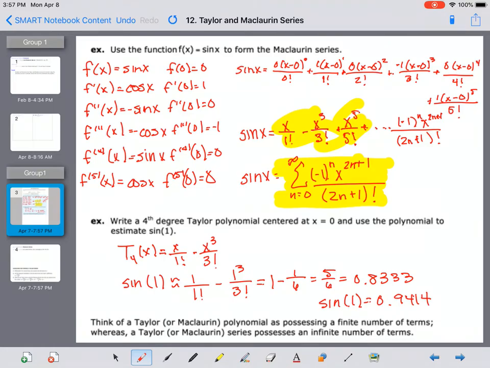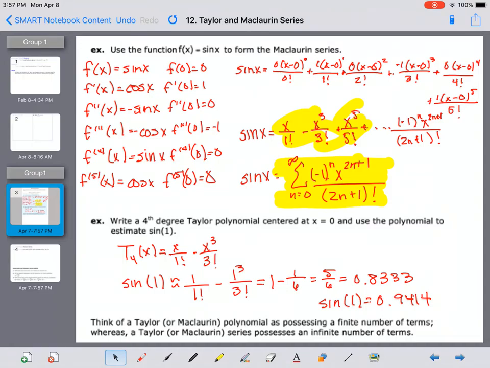If we add another term, so let's say we went up to the 5th degree Taylor polynomial, we'd actually get a value closer to that 0.9414. So the more terms we go up, the more accurate our approximation is going to be. Really the difference between the series and the polynomial is that the polynomial is a finite set of the series, a partial sum.